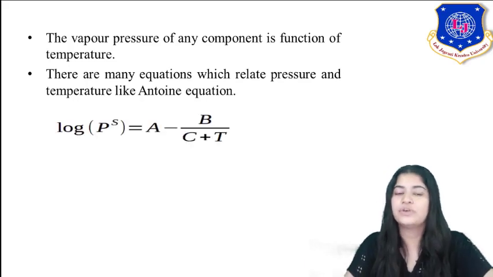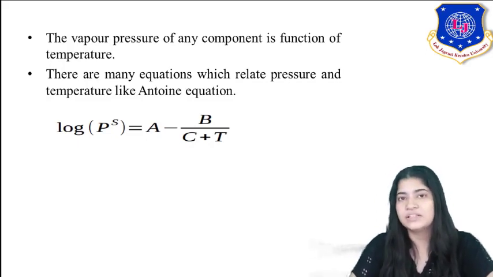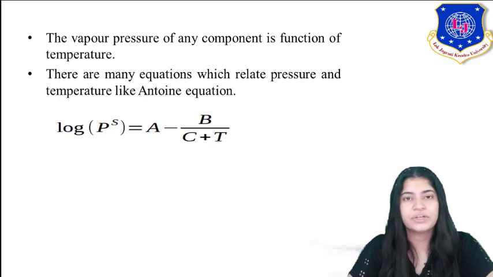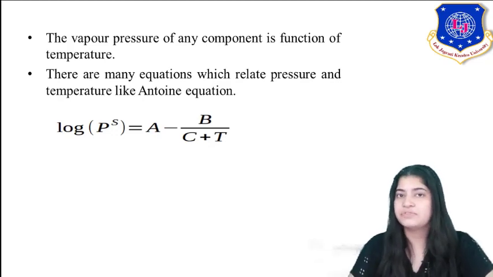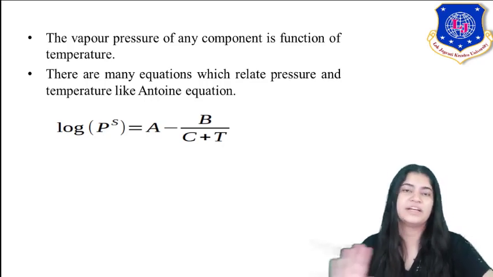The Antoine equation is given as log Psat equals A minus B upon C plus T. A, B, C are empirical values which would be provided. As you change the temperature, you can calculate your Psat that way. What is Psat? It is vapor pressure. As I keep different values of temperature, corresponding to that temperature I will get my vapor pressure.